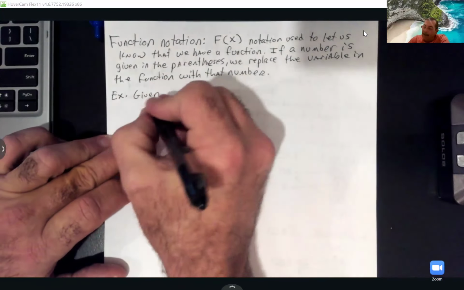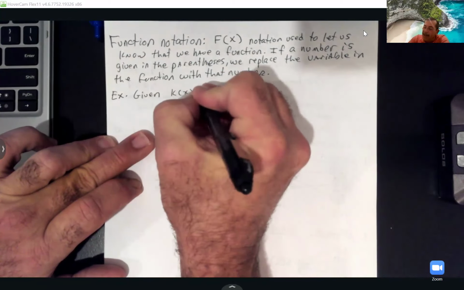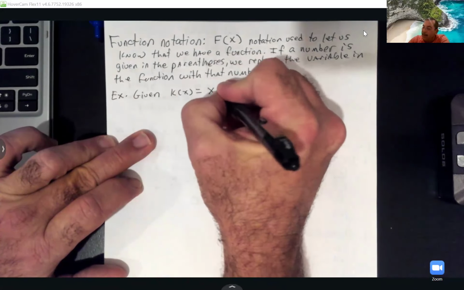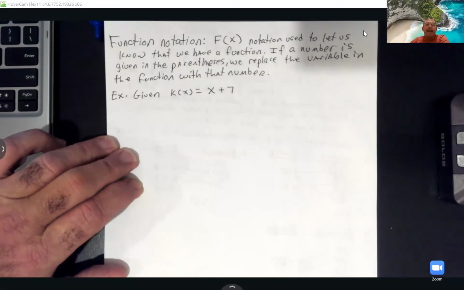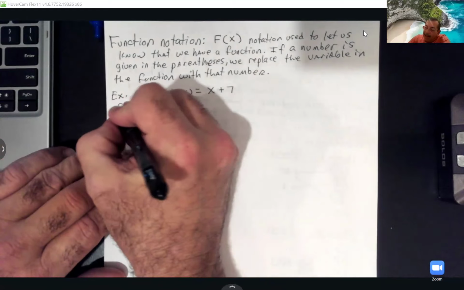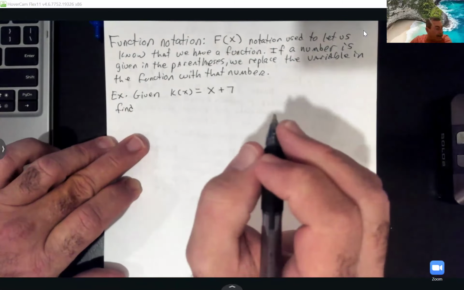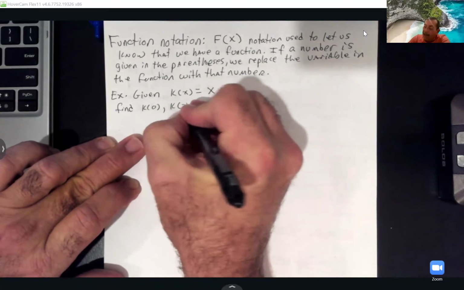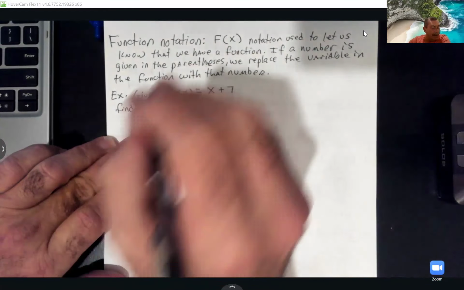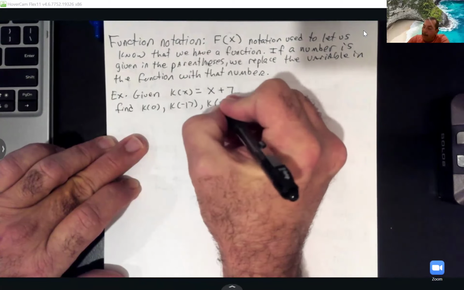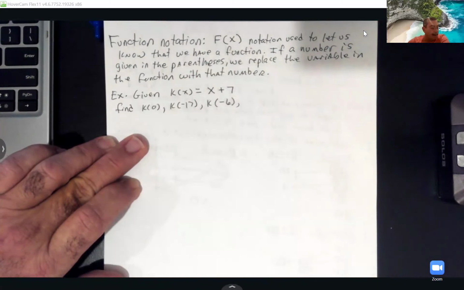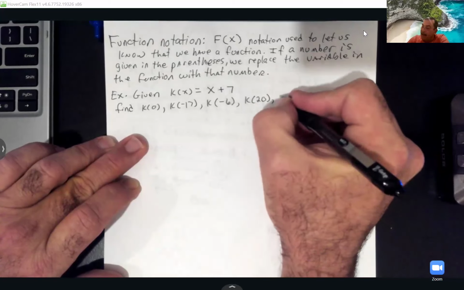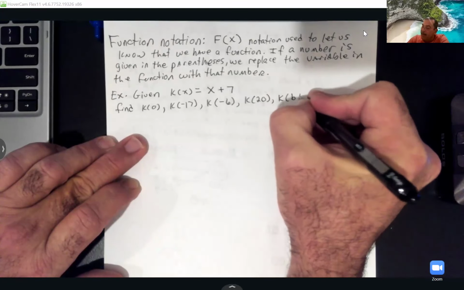And they're saying, hey, given k of x equals x plus 7, they want me to find, let's see, k of 0, k of negative 17, k of negative 6, k of 20, and finally, k of b plus 2.